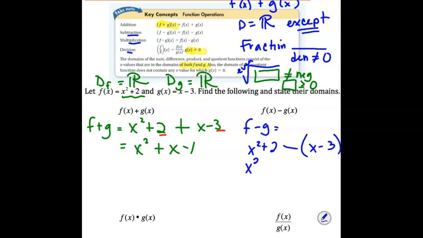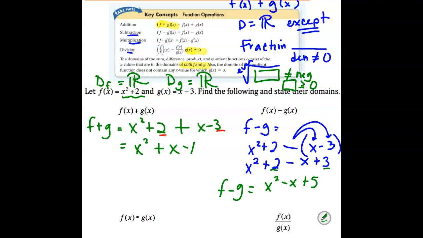So we're going to have x squared plus 2, we're subtracting an x, and we're subtracting a negative 3, which means we're really adding 3. So now when we combine terms, f minus g would be x squared minus an x plus 5 if we combine the like terms.